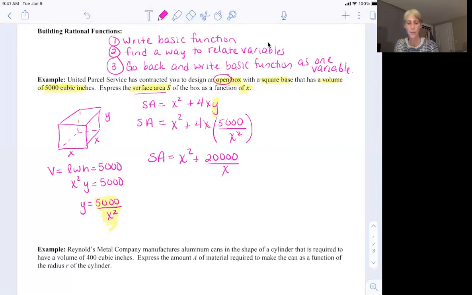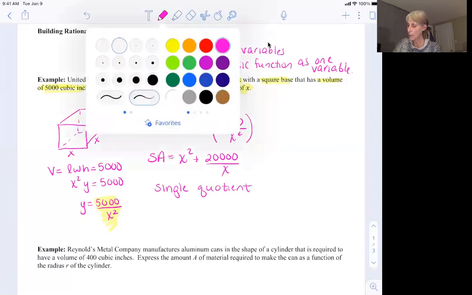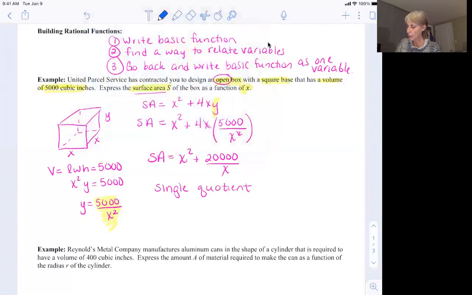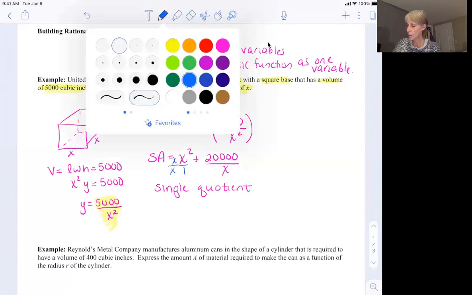over x. Now with these formulas, because we're dealing with the rational unit and rational functions, I would like you to express these as a single quotient, meaning we're going to add these together. Some of you can do this in your head, but if you can't, just remember, put this over a 1, and then you could just think, oh, common denominator, I have to multiply by x over x.